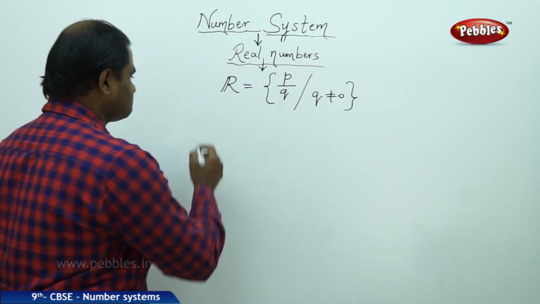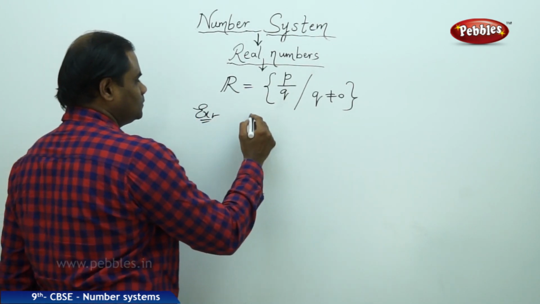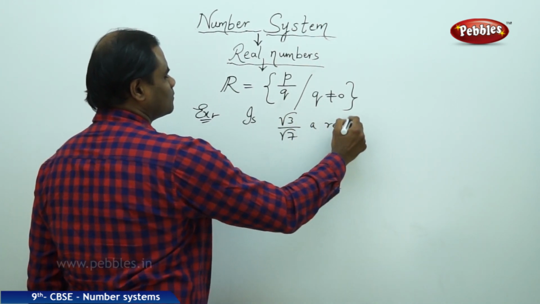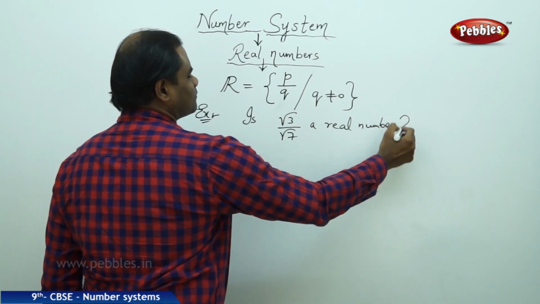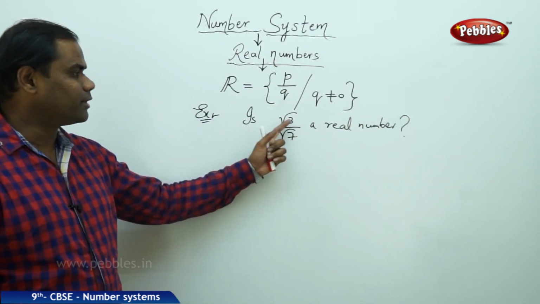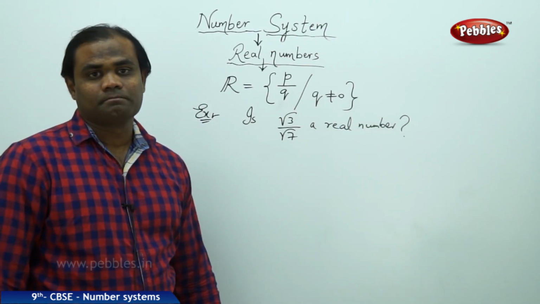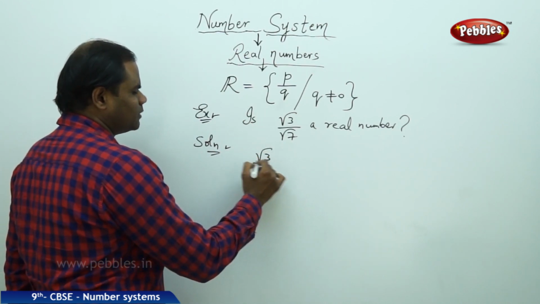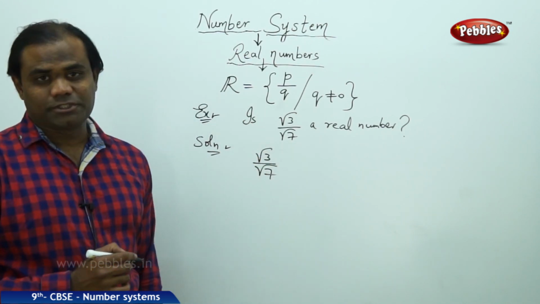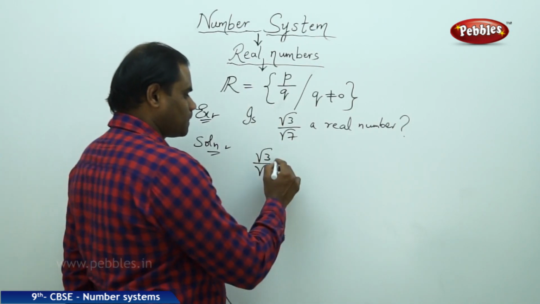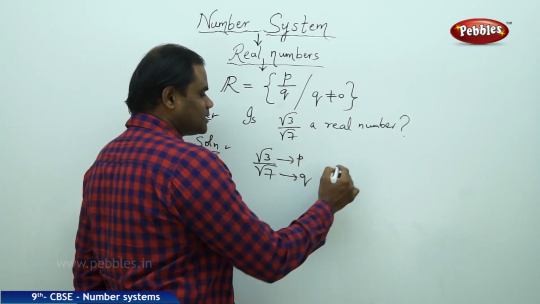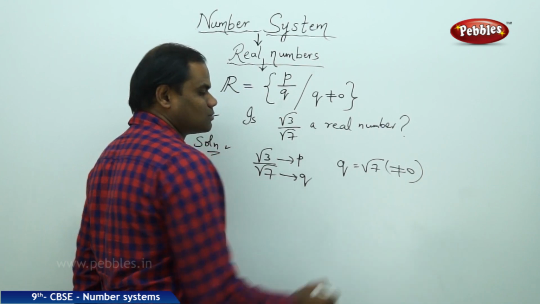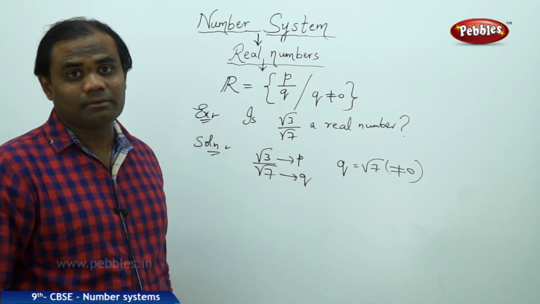For example, I have a question which says, is root 3 over root 7 a real number? So let's see if this is a real number. Root 3 over root 7 can be written in the form P by Q, and clearly Q, which is root 7, can never be equal to 0, because root 7 is a non-zero irrational number.